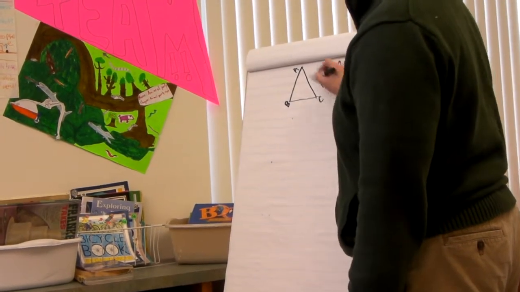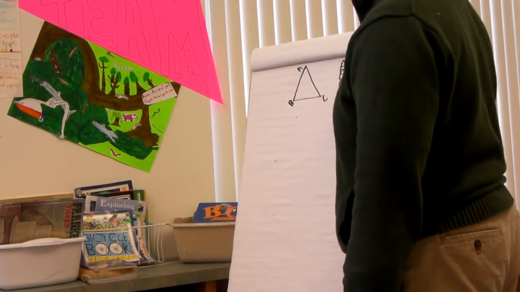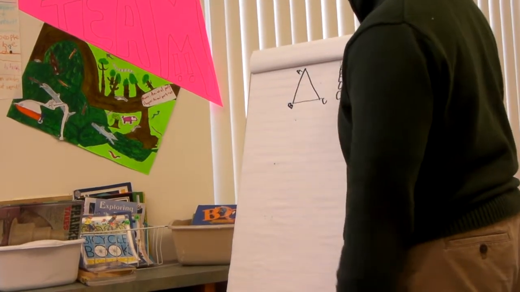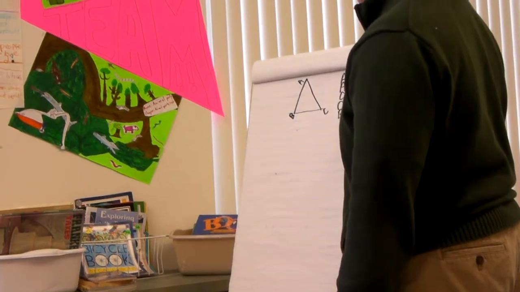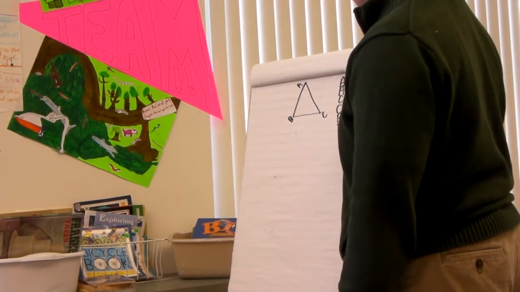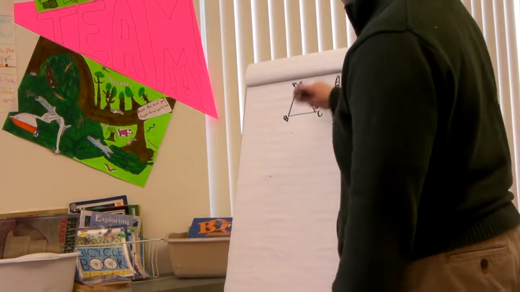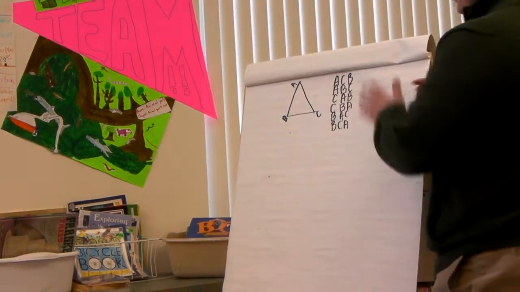We could also call it CAB or CBA, right? CBA. Or you could start it with B and call it BAC or BCA. Okay, any of those are perfectly good names for that triangle. It has 6 of them.